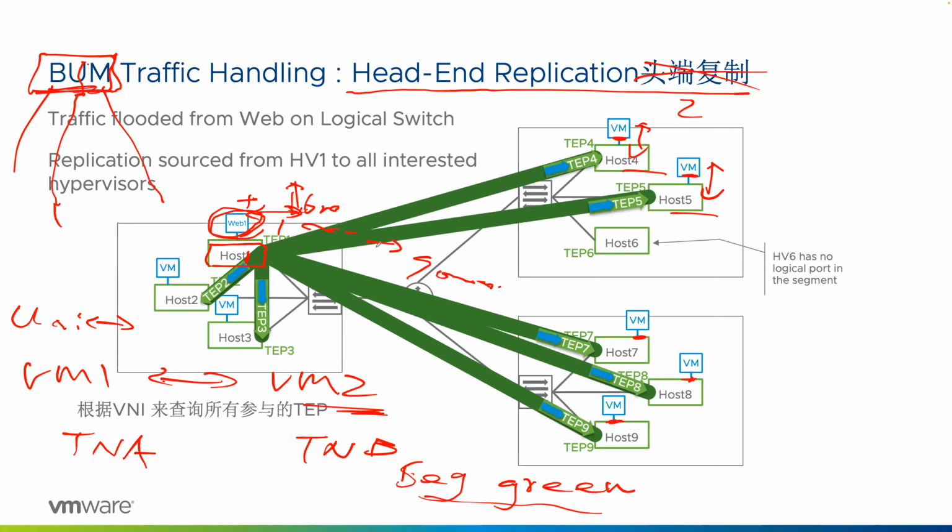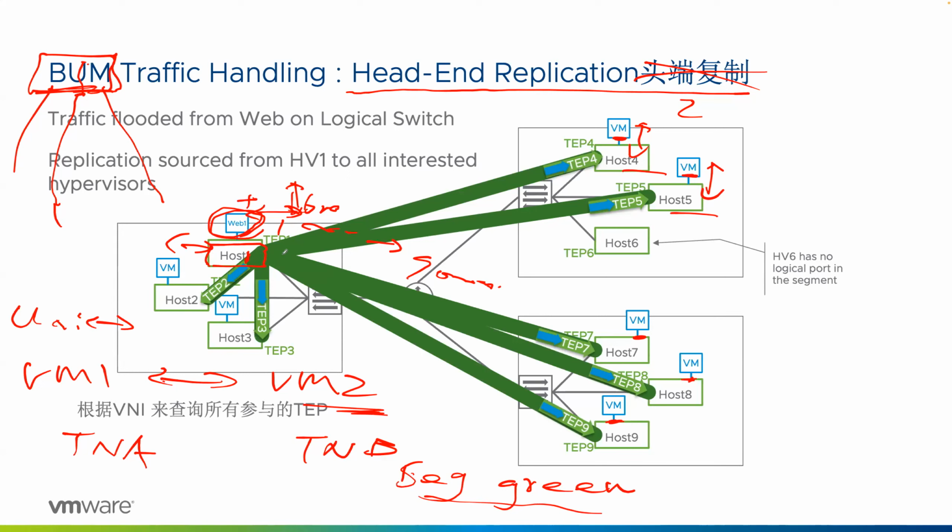They have to ensure this broadcast packet travels to every host, so they copy 9 times. That's the responsibility of the source side, host 1.